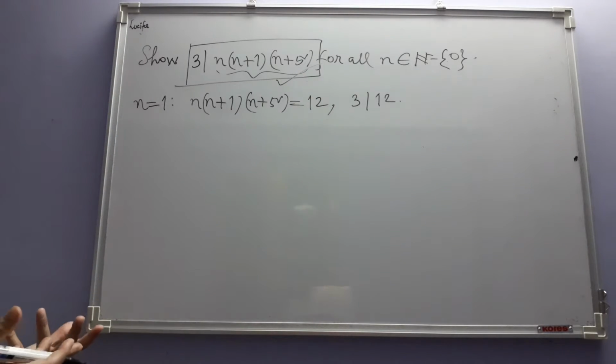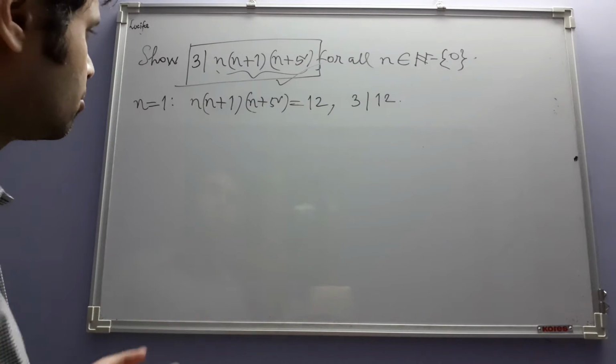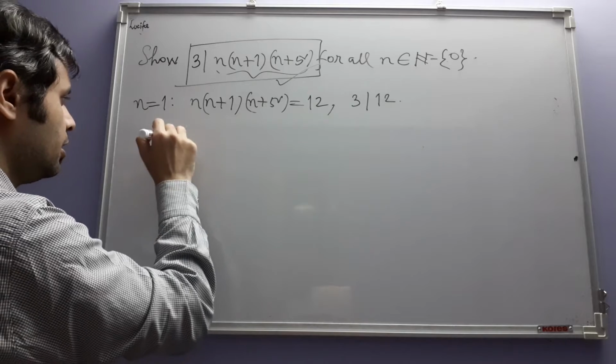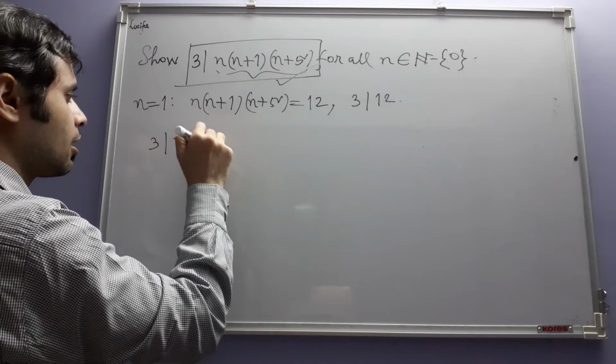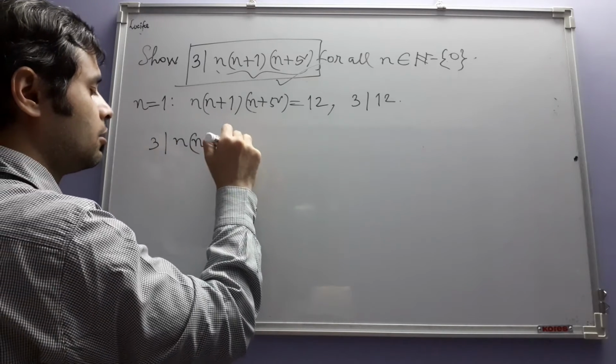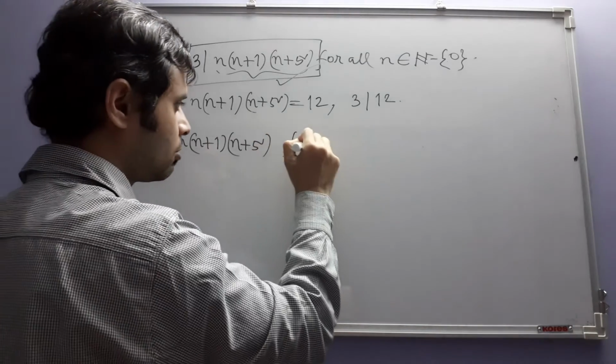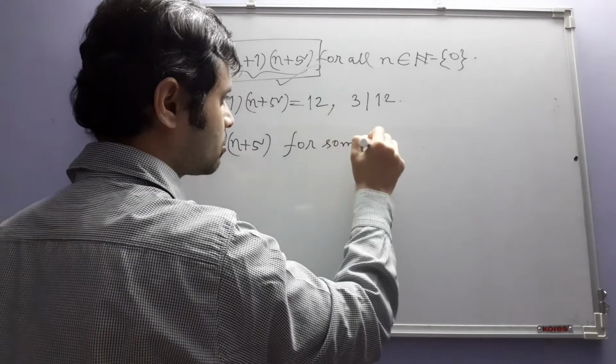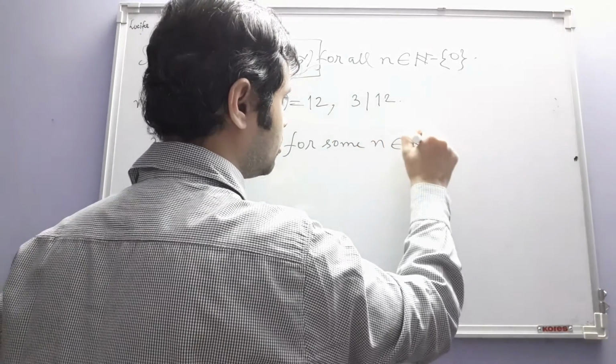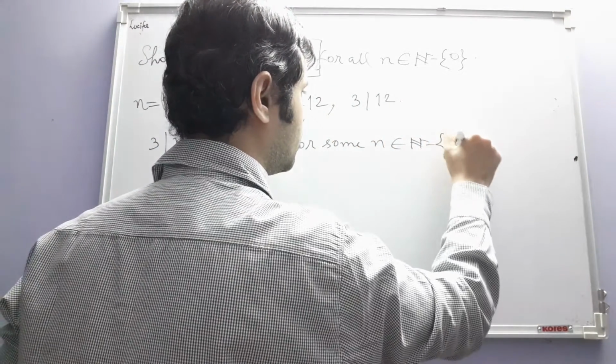Now we assume that for some n it is true. That is, 3 divides n times n plus 1 times n plus 5 for some positive integer n.